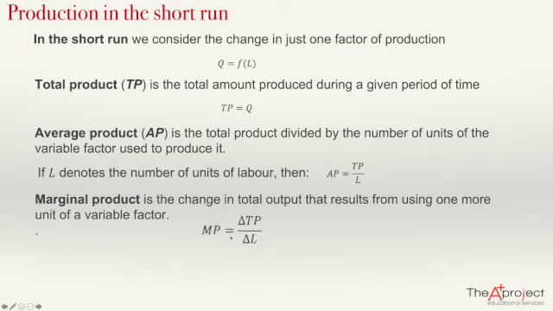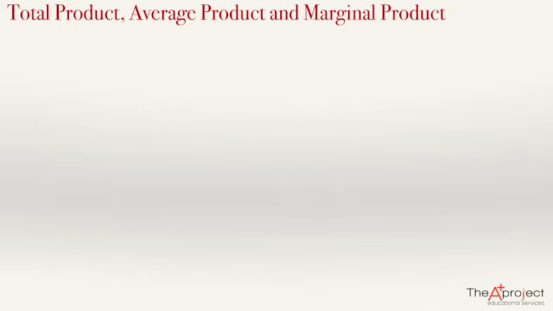So marginal product will be the change in the total product divided by the change in L. Of course, as with any other function, the total product, the average product, and the marginal product are going to have a schedule and also a graph.